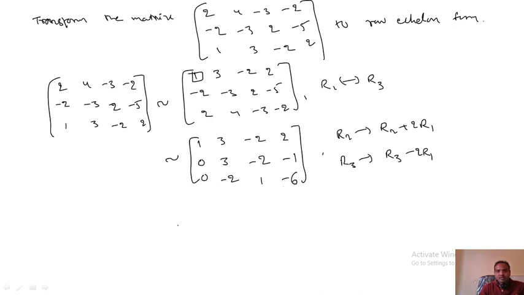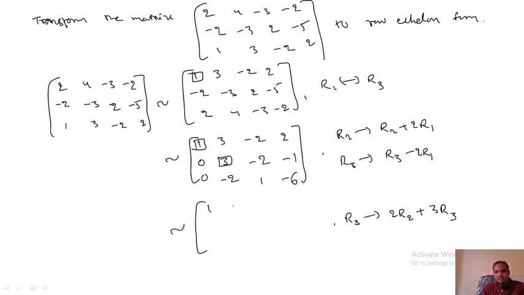Now this one is the pivot, already. Now you have to convert this term to 0. Apply this on R3: multiply R2 by 2 and add to R3, and multiply R3 by 3.